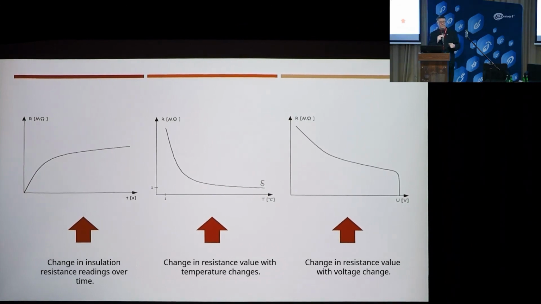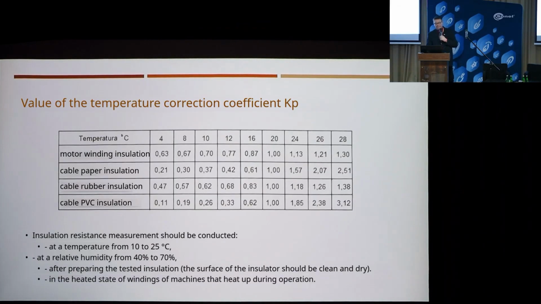For most of you, that's obvious as well. That resistance will decrease as the temperature rises, and as the voltage increases, it also decreases up to the point of breakdown. That's why in these cases we use correction. We multiply our measured result by the appropriate factor.